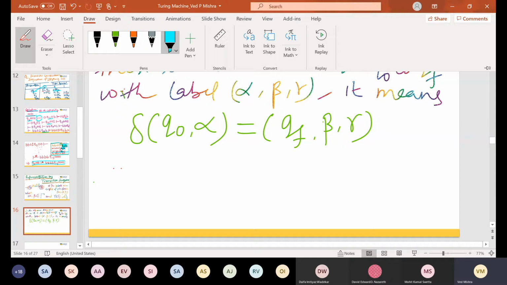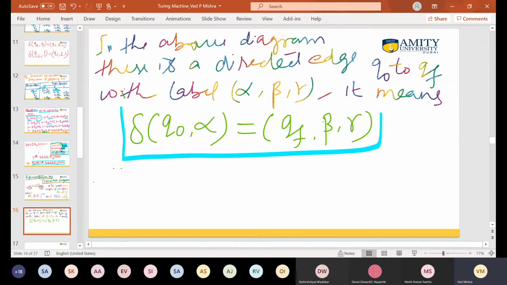If you have this type of transition function given, you can write it in the form of a transition diagram, and you can easily write what the states are and what the label of the directed edge going from one state to another is, in the form of alpha, beta and gamma. Any confusion in this?